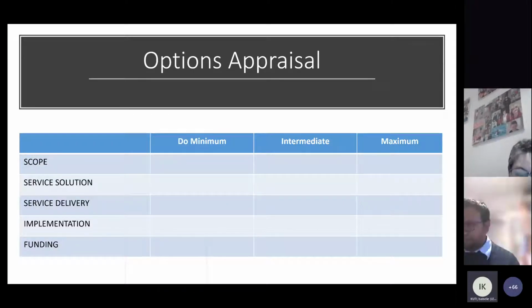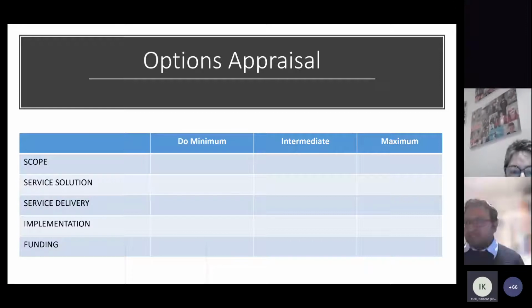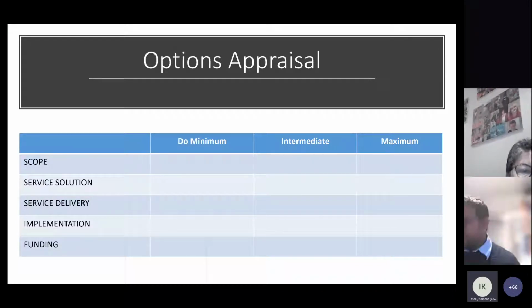So how much are you going to do? The service solution is how you're going to do it. The minimum would be to refurbish existing tracks, increase the capacity that way, just expand them slightly. Intermediate would be a mixture of refurbishing some bits of the existing track and building some new tracks.